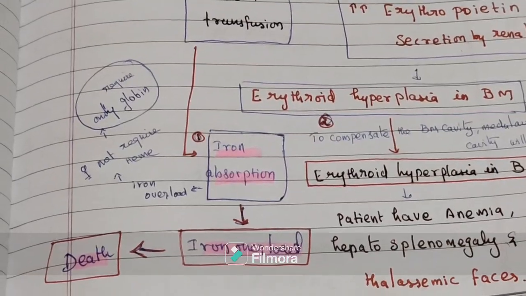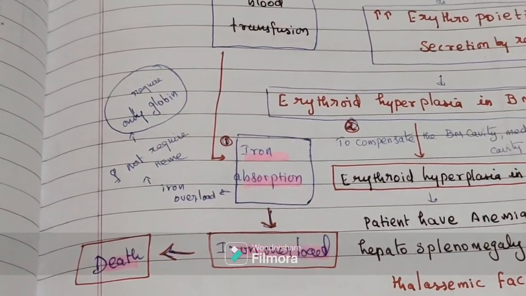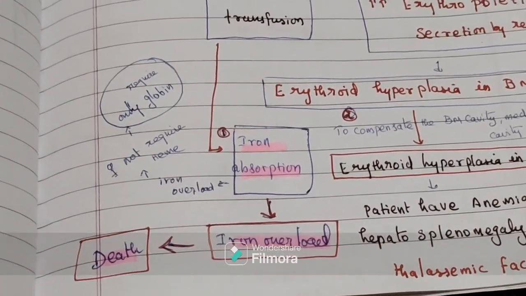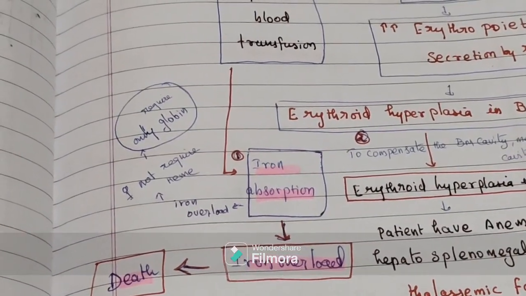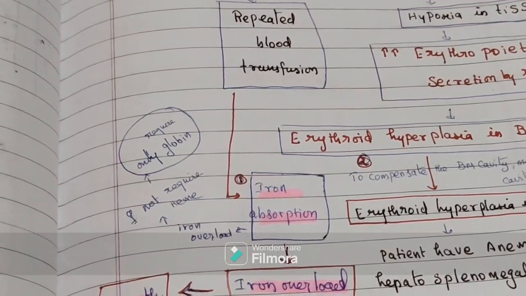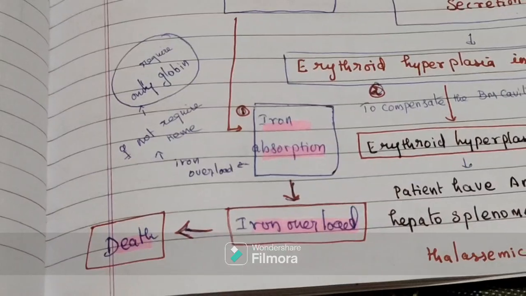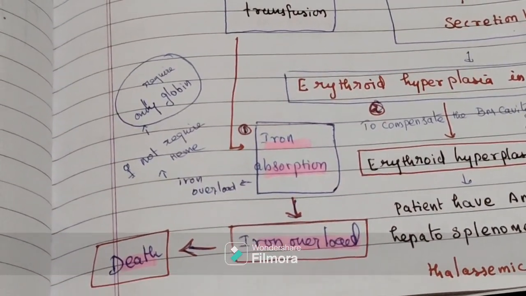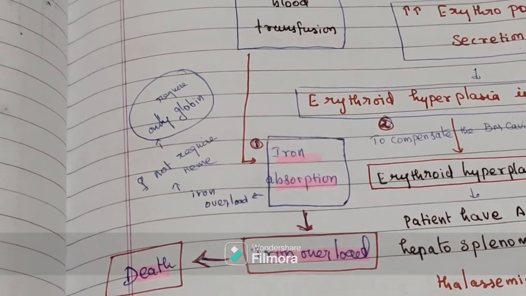Whenever there is frequent blood transfusion, the main problem is iron overload. Because iron is going in with every blood transfusion, you cannot give only globin. Along with the globin you will give heme also, but the patient requires only globin, not heme.